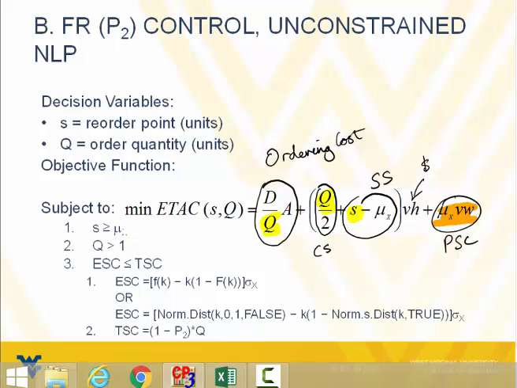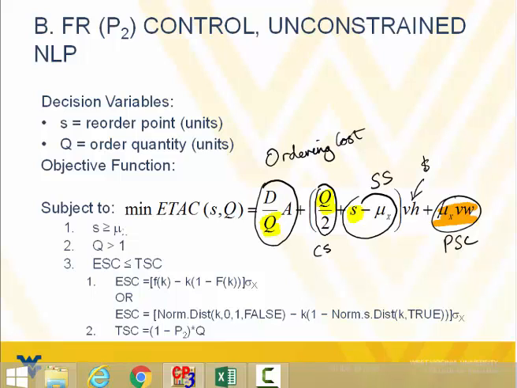Let's start with our target shots per cycle because that's the easier one. We say we want to have a fill rate of 90%. So 1 minus 90% is 10%, right?